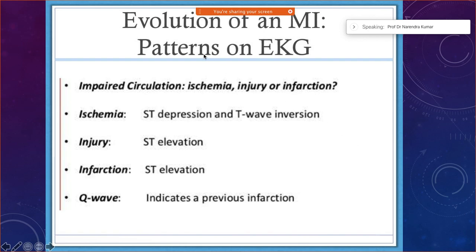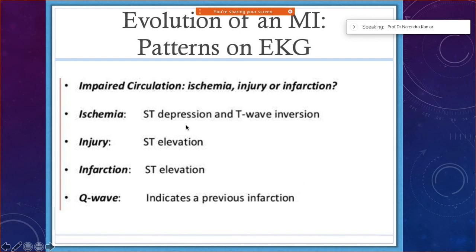Okay. Now, how about the evolution of an MI? What patterns do we see on the ECG? As I was telling you, there are various patterns in which we may see those changes in the form of ischemia, injury, infarction, and Q waves.